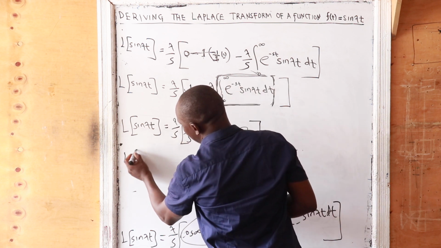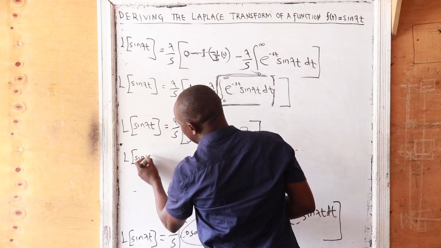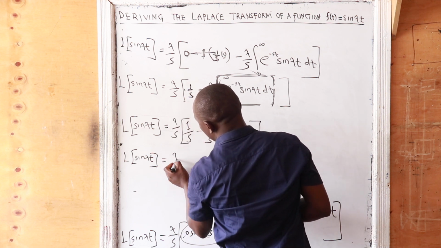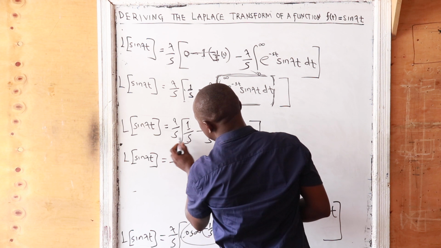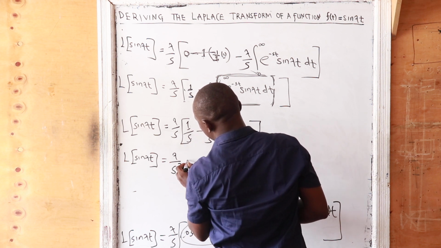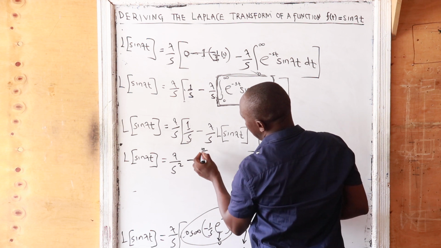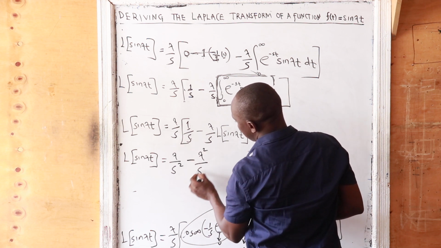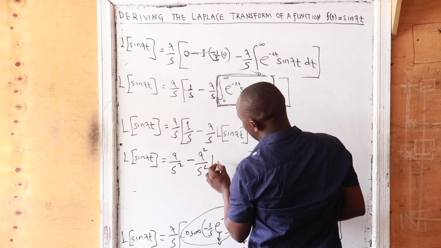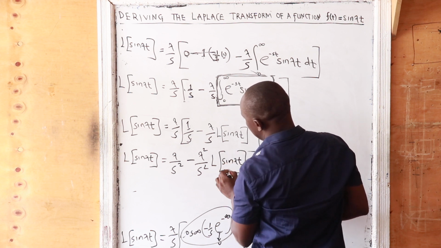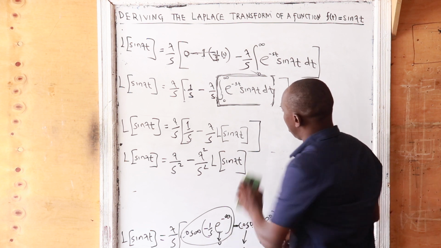We get the Laplace transform of sine lambda t being equal to lambda times 1, lambda, all over s times s squared, minus lambda times lambda, lambda squared, over s times s squared, into the Laplace transform of sine lambda t. That is what we are remaining with.